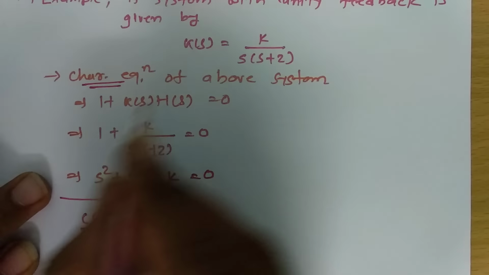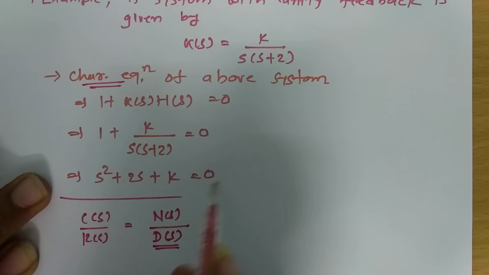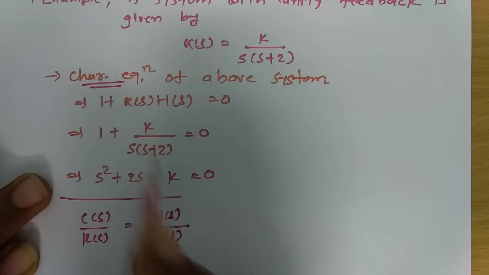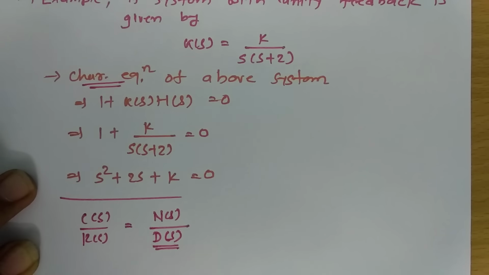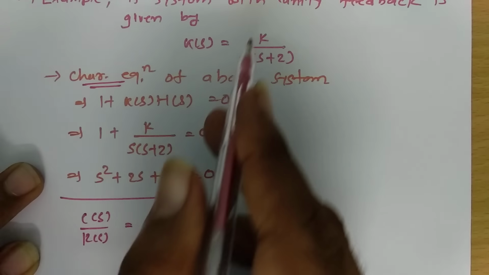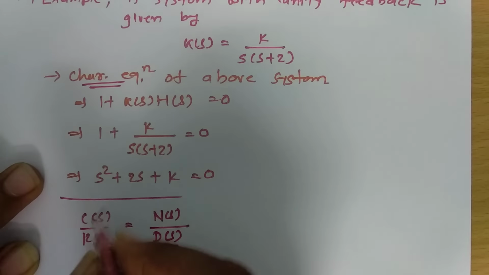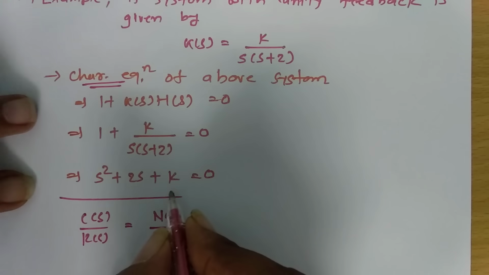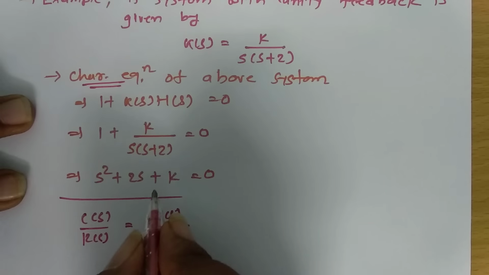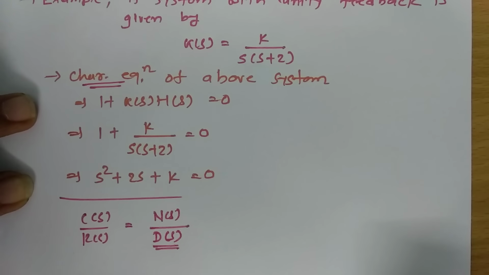So in this example the characteristic equation is the denominator polynomial, and it explains the position of poles. The position of poles changes with respect to the value of K.